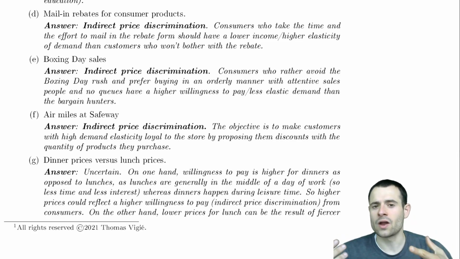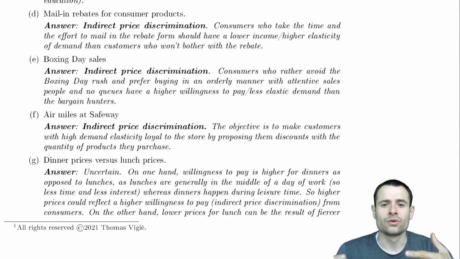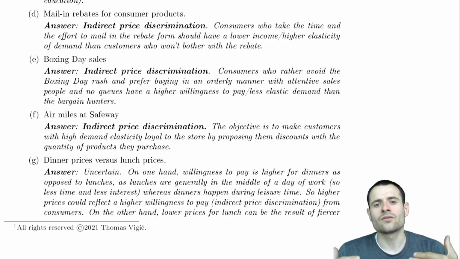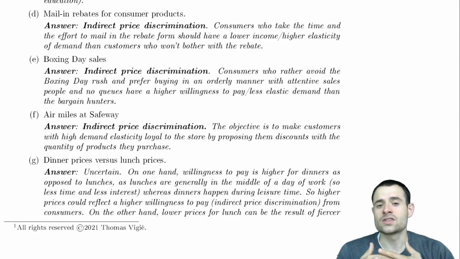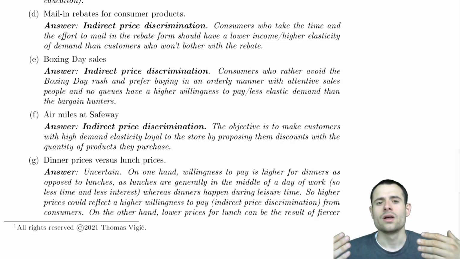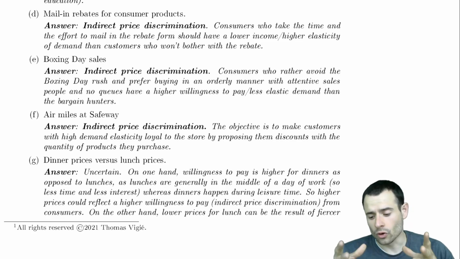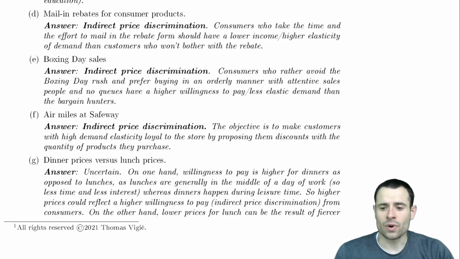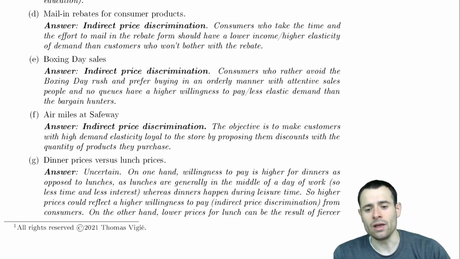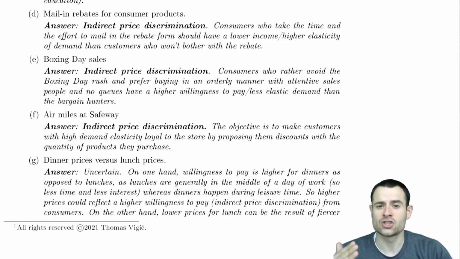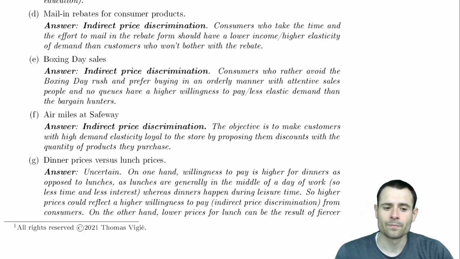Many people just care about getting some food through the system and going back to work, whereas people who sit down for dinner tend to spend more time at dinner. This also happens during leisure time, so they are usually willing to indulge more. So, on one hand, higher prices could reflect a higher willingness to pay, so that would be indirect price discrimination.